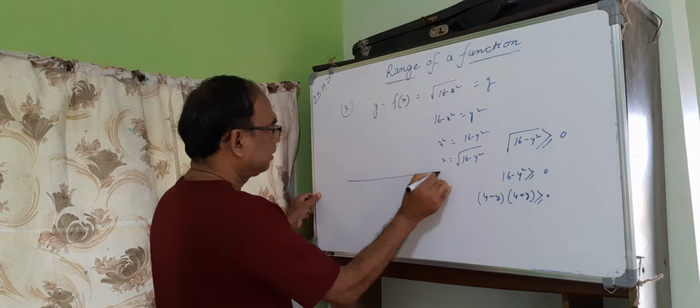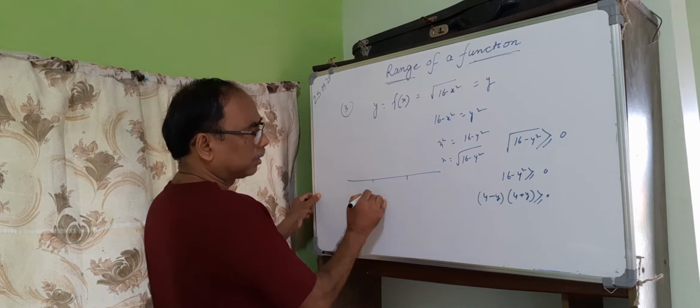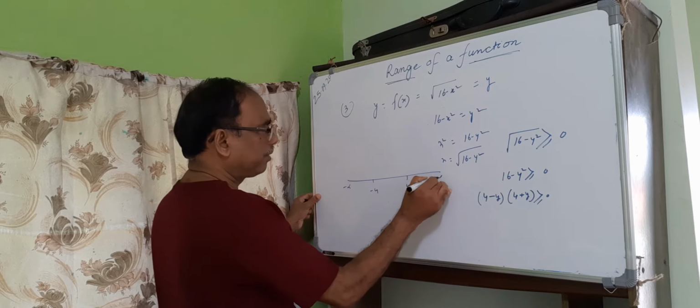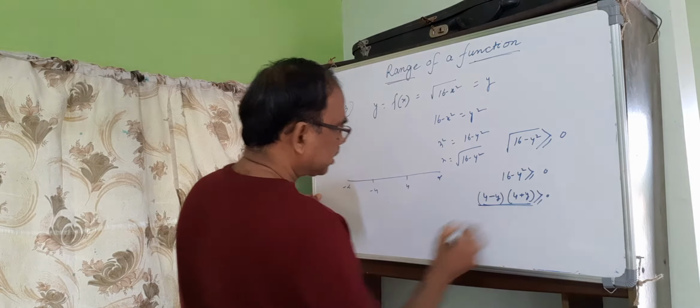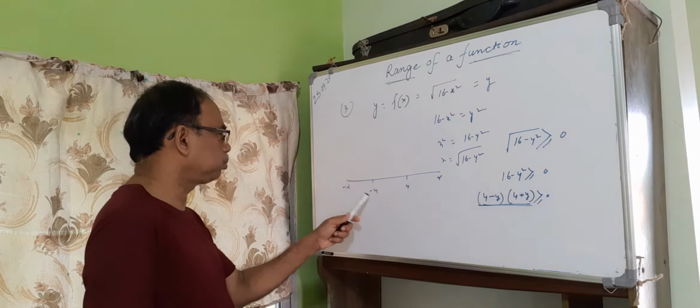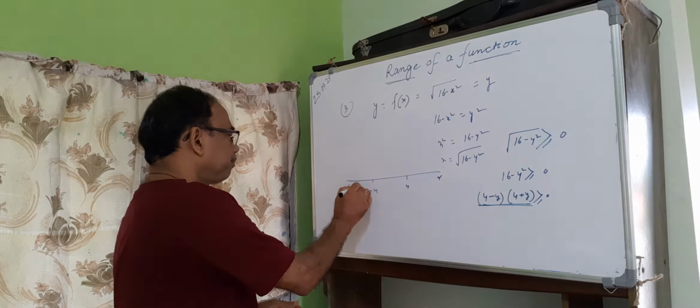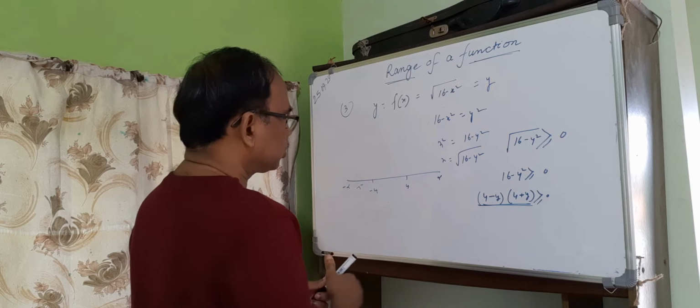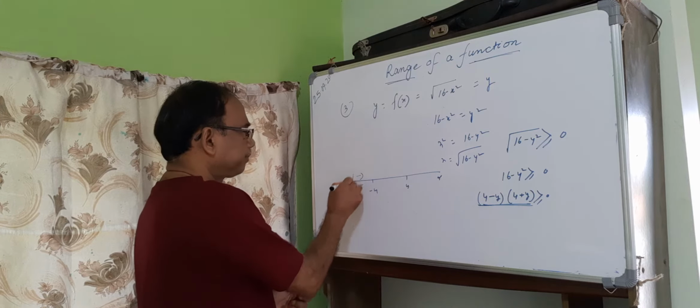Take on the number line, this is minus 4, this is 4, minus infinity, infinity. Now check with this, this should be positive. Minus infinity to minus 4, suppose we take minus 5. So this is negative, this is positive, that is negative.